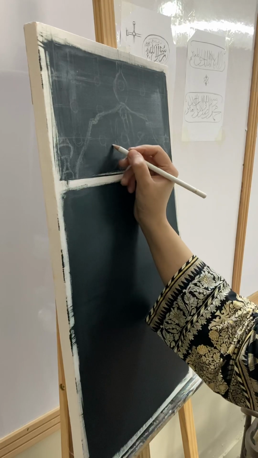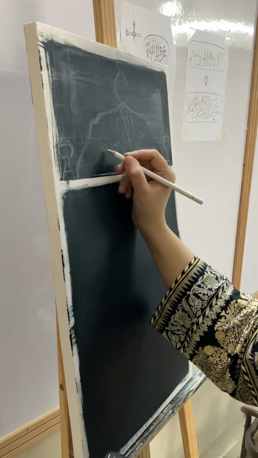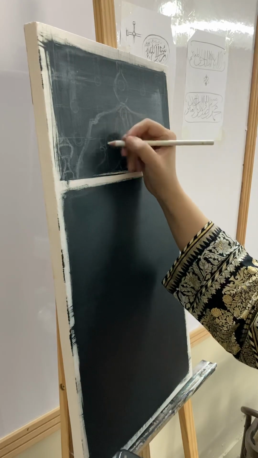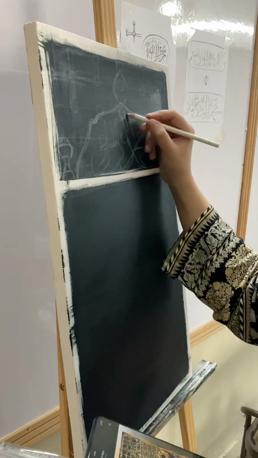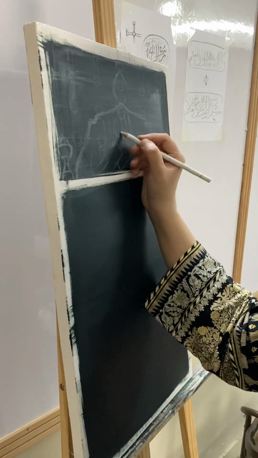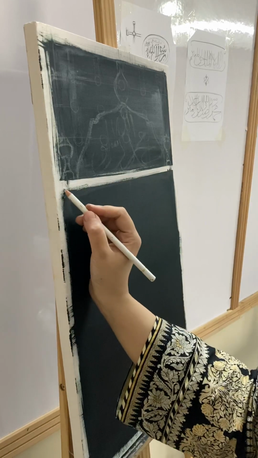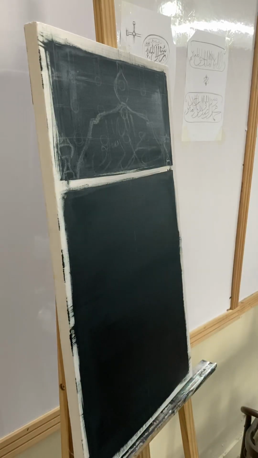As I mentioned earlier, the essence of this class is just to learn. The calligraphy part and each and everything will come with practice, with the passage of time. So this will be the main one. If you want to take a picture, you can, and we can further proceed to our next part, this part.